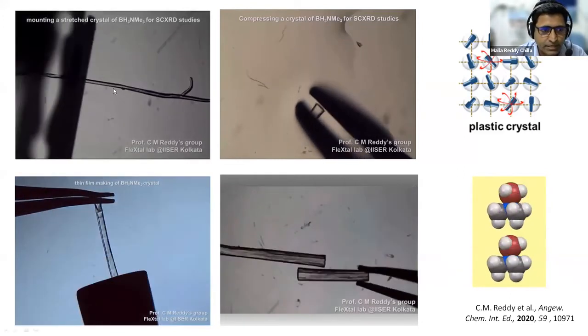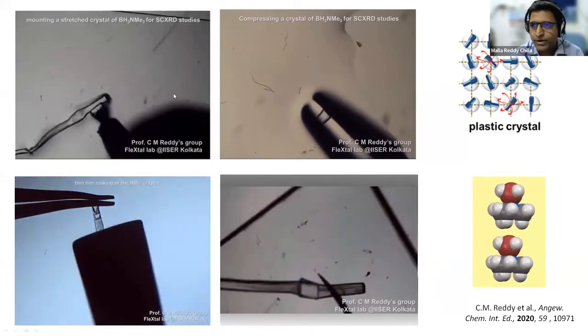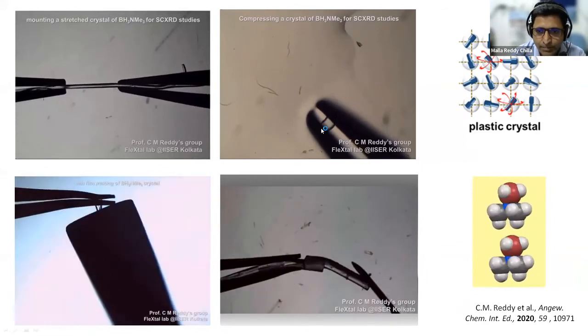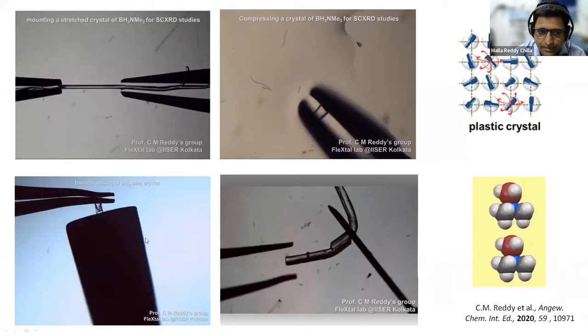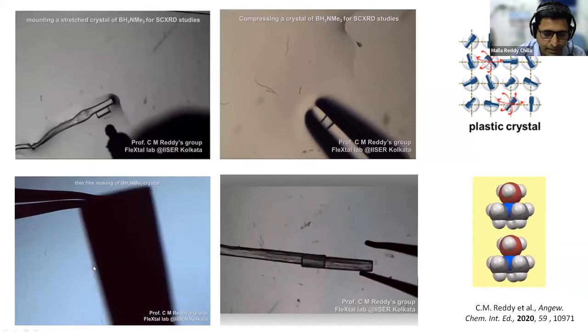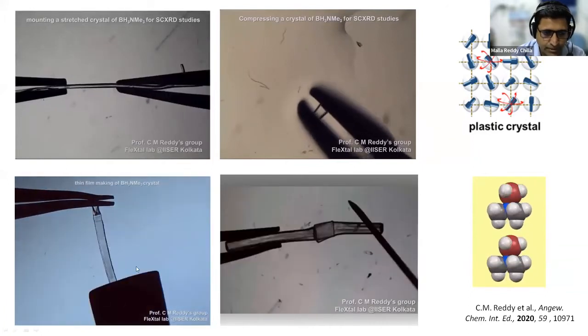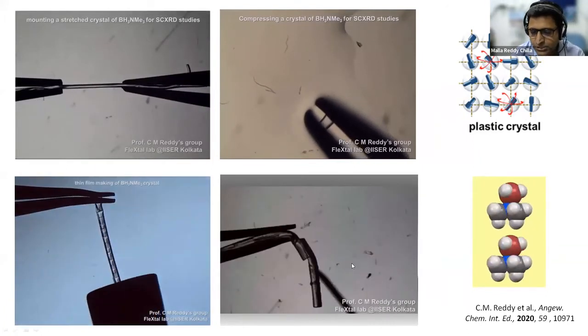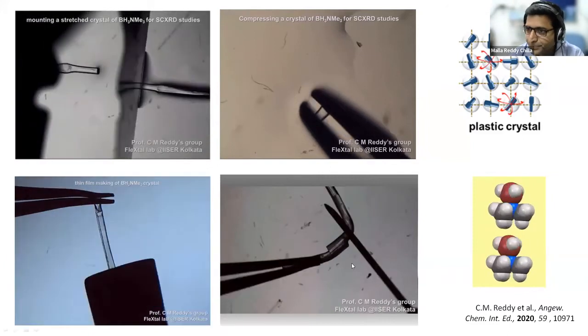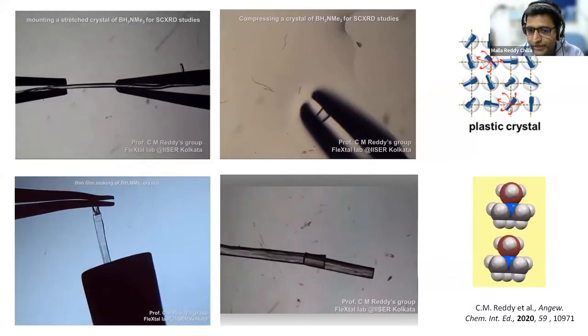As you can see, you can pull this crystal like a copper wire, right? You can also compress these crystals, and even thin them by applying mechanical force. If you push them together, they stick to each other very nicely.